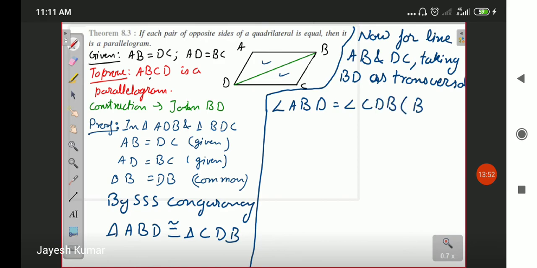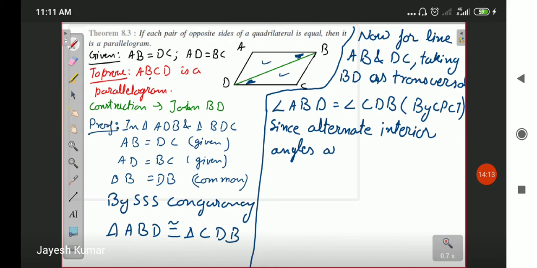Why? By CPCT. Corresponding parts of congruent triangles are equal. I am stating these two angles are equal since alternate interior angles are equal. Since alternate interior angles are equal, lines should be parallel. AB should be parallel to DC.